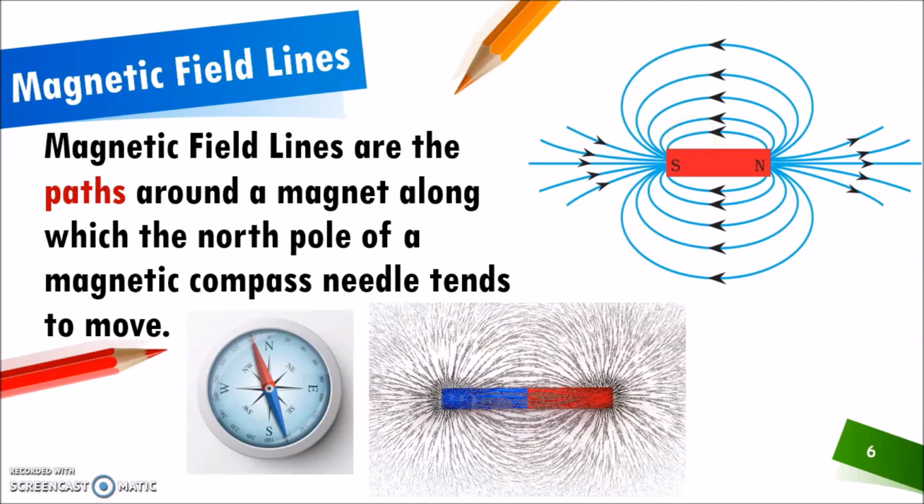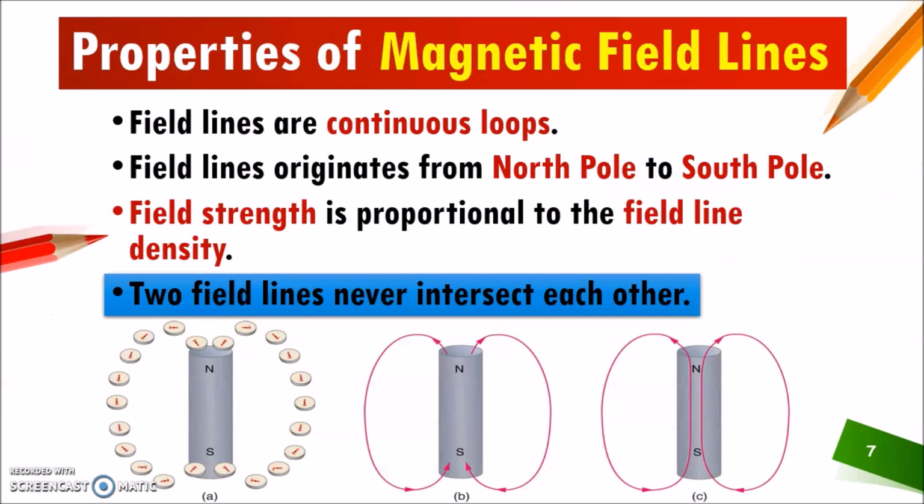Okay, now let us study in detail about magnetic field lines. Properties of magnetic field lines. Field lines are continuous loops. Okay, they are continuous loops. Loop means a never-ending process. Field lines originate from the North Pole.